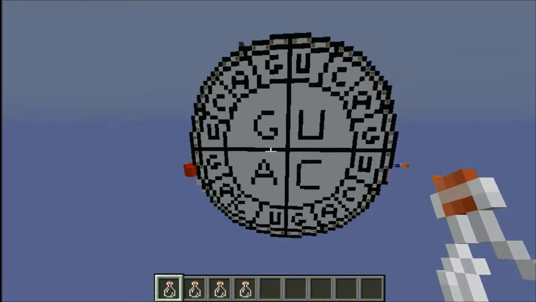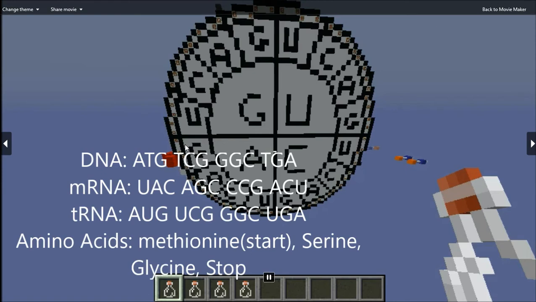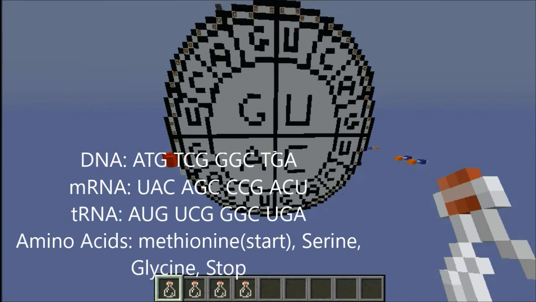So basically, this is how you decode them. So if you ever get DNA, you can transcribe that to mRNA by looking at their counterparts, so A to T and G to C. But instead of T, it would be U. So you transcribe that and you get your mRNA, right? And then you can transcribe that back into tRNA, and you get your codons.